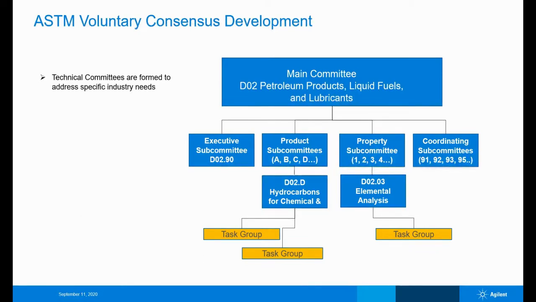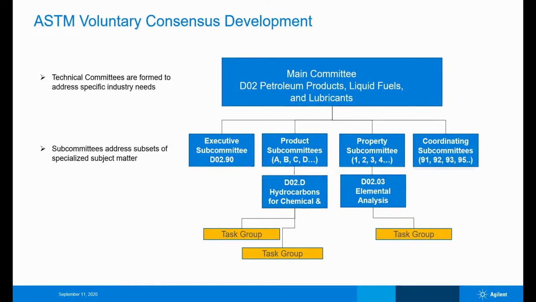The main committee is then subdivided into subcommittees. The subcommittees are there to address subsets of specialized subject matter. The main committee has an executive subcommittee which oversees the subcommittees, and that is D2.90.